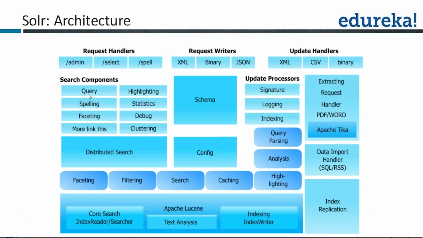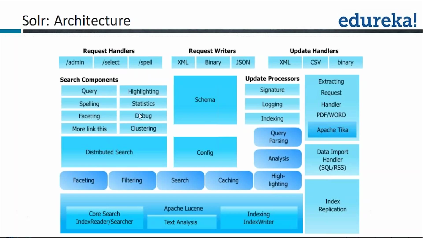How would you want spelling to behave? And so on and so forth. Then you have clustering, more like this, faceting and debugging. These are a few of the search components. However, no one stops you from extending the behavior. You can create your own search components as well, which can help you achieve any particular business purpose.